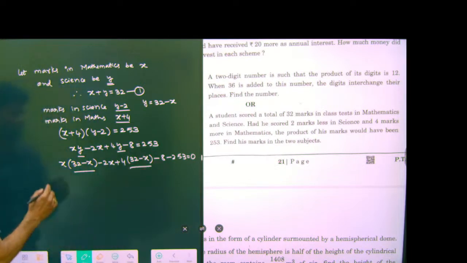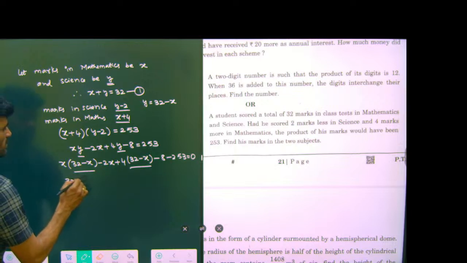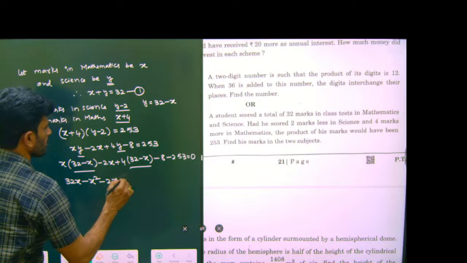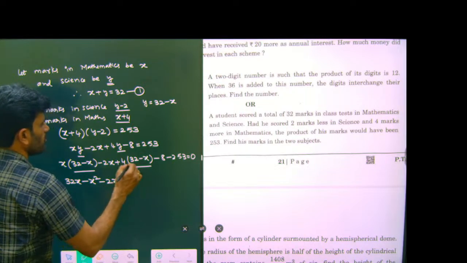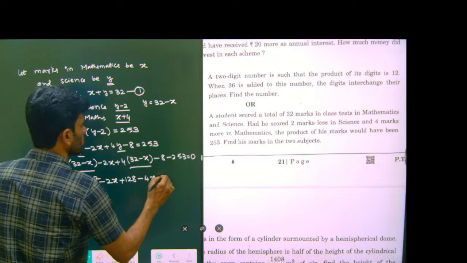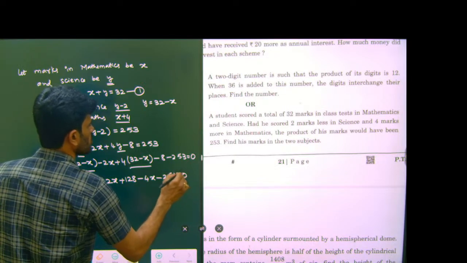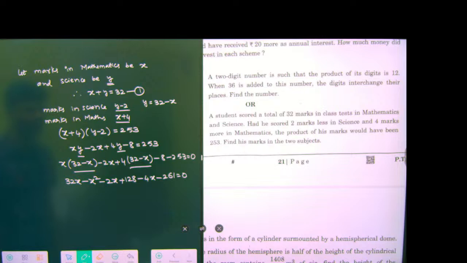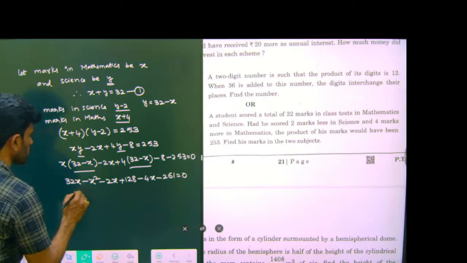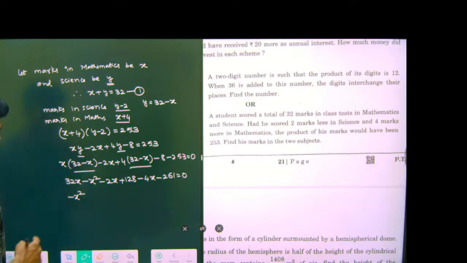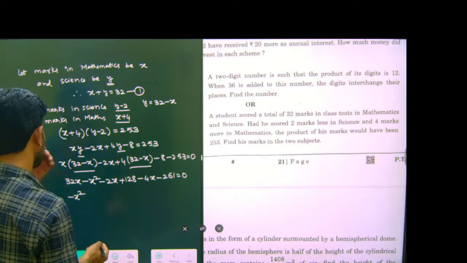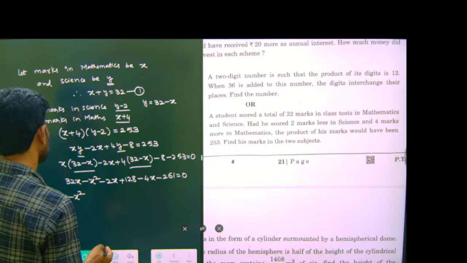Now we have to simplify this. 32 into x, 32x, x into x, x square, minus 2x plus 4 into 32, 128, minus 4x minus 261 is equal to 0. I simplified these two, minus 261 we got. Now at last this is minus x square. Then minus 2x minus 4x is minus 6x.